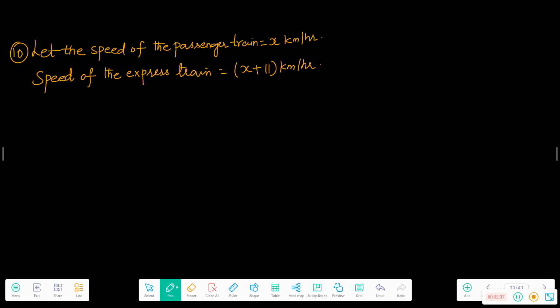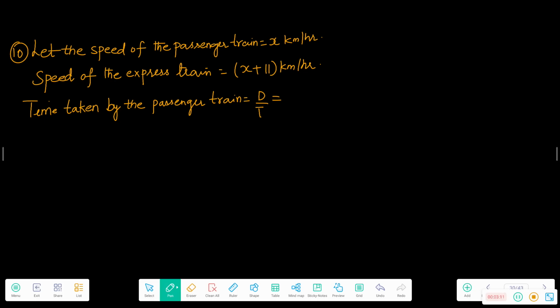Now the train is covering a distance of 132 kilometers. Let us find the time taken by the passenger train and the time taken by the express train to cover the same distance. Time taken by the passenger train is distance by speed.